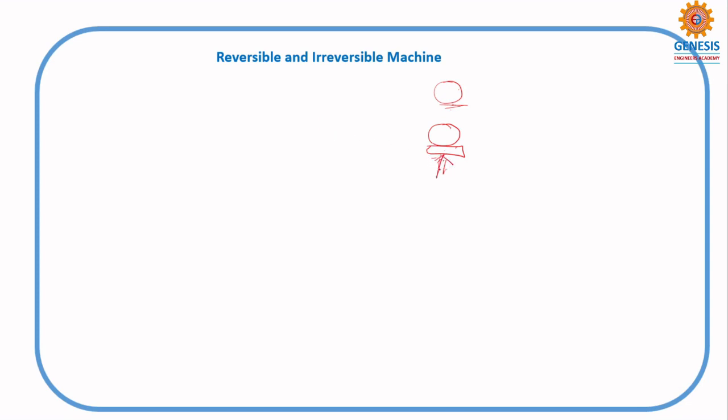If you remove that effort and the body comes down, then it is called reversible. If it stays there, it is irreversible.